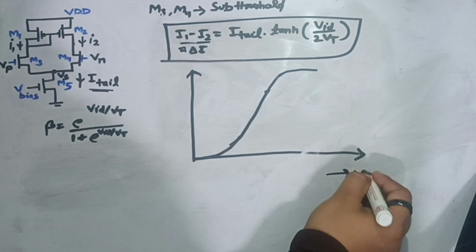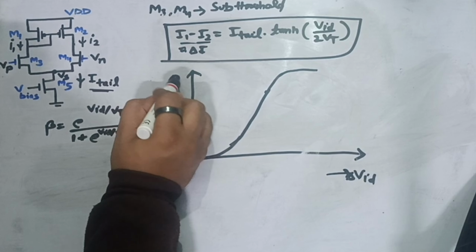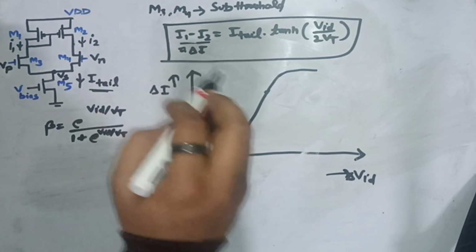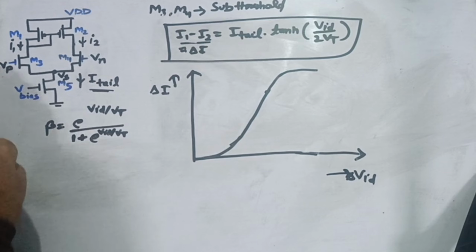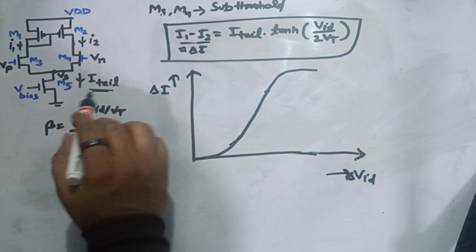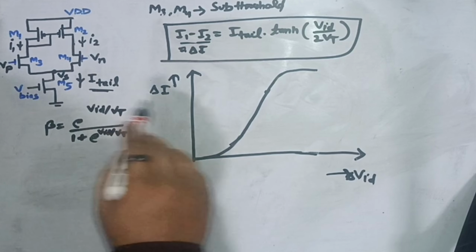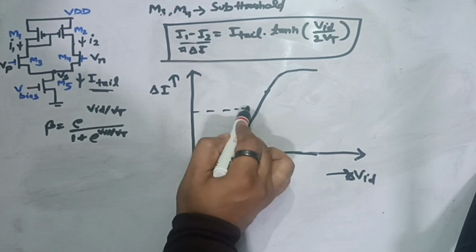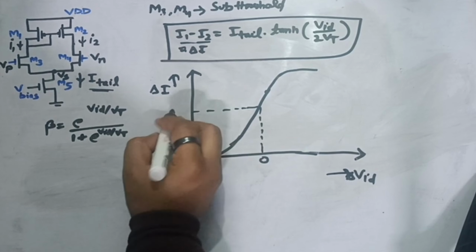Here we have mentioned delta VID, and here on the y-axis we are mentioning delta I. When the difference between these two inputs Vp and Vn is 0, at that time your current difference will also be 0, because the same amount of current will flow. So let's assume this is the middle point. This is 0, this is also 0.